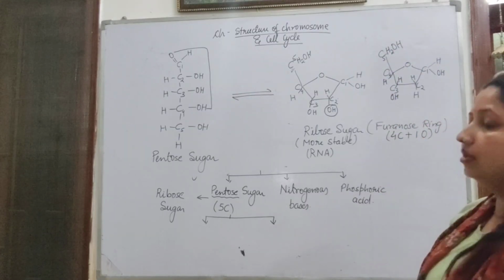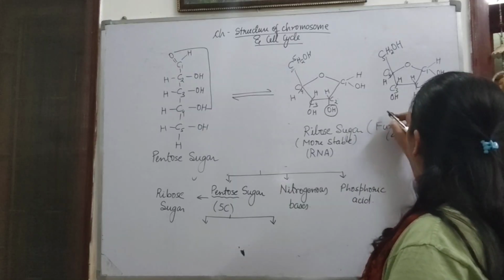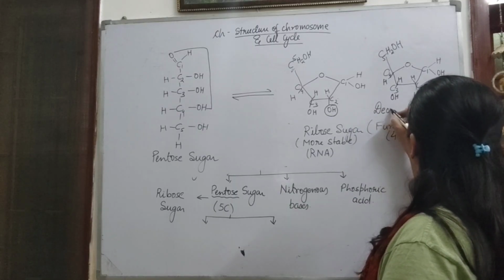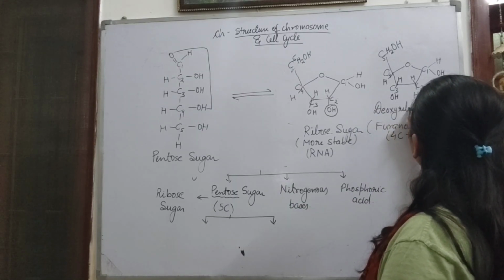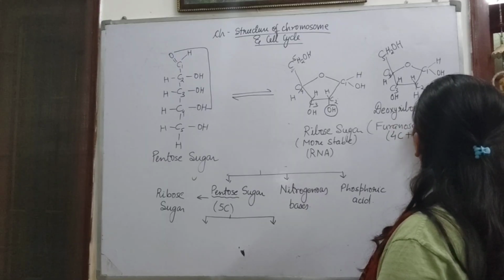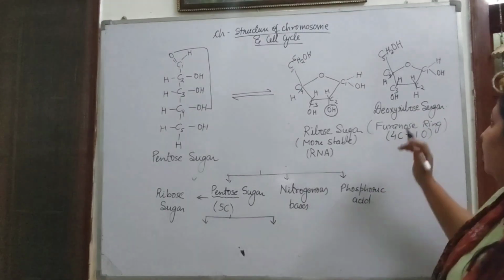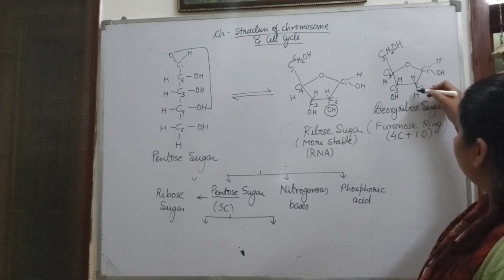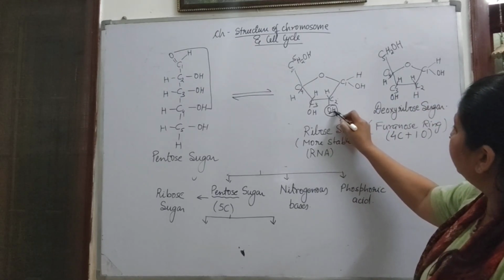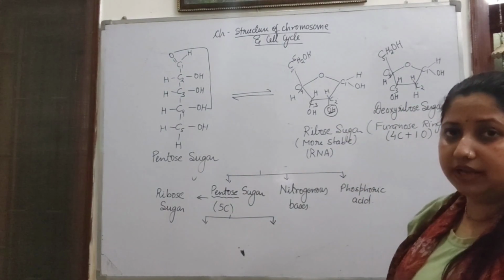So what is the name of this sugar now? Deoxyribose sugar. This is the pentose sugar, but at the second carbon, this OH group is replaced simply by the hydrogen.